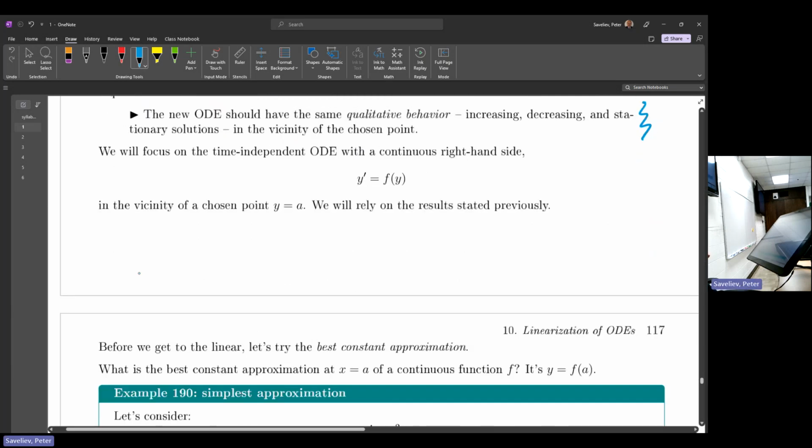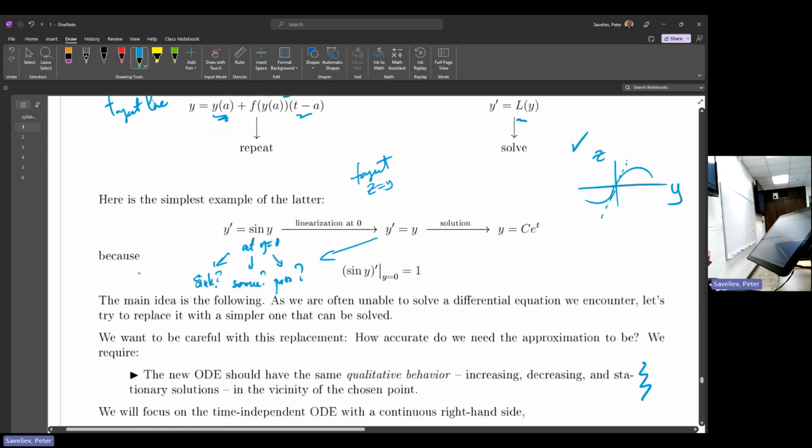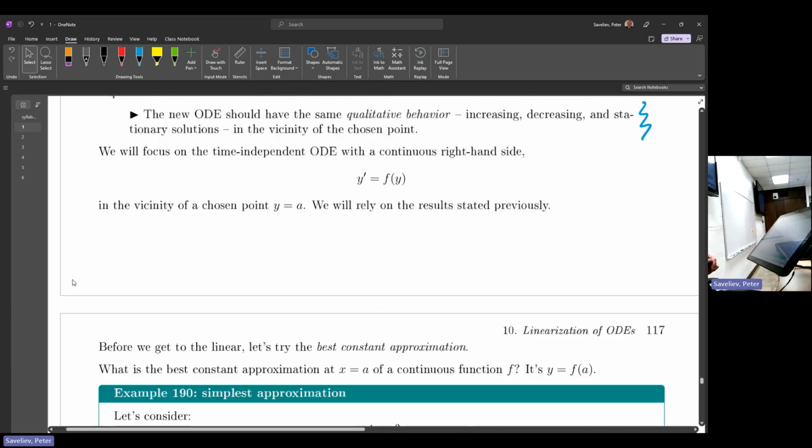So let's start with constant approximation, just to make the case for why we're going this route. As you can see, y prime is equal to y. Instead, why not y prime is equal to 1? It's simpler. Why not y prime is equal to 1, or 0 for that matter? Well, here it is.